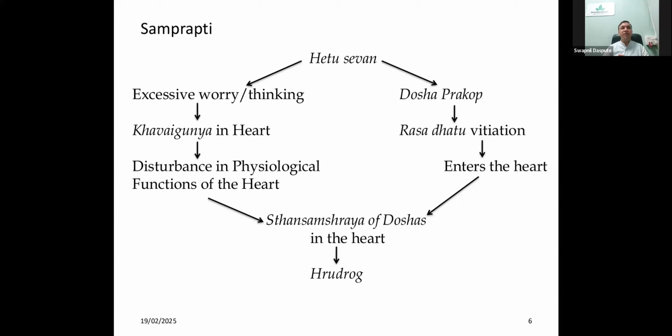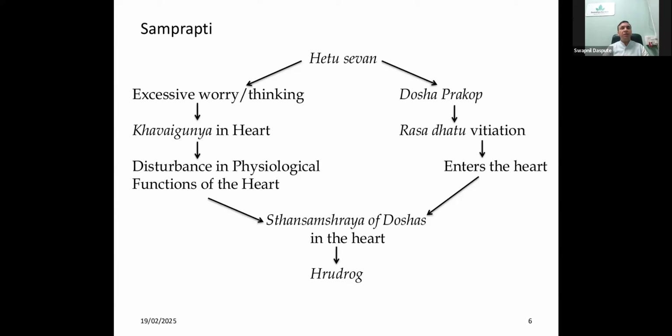So excessive worrying, thinking regularly, intensely will create Vaigunya in the heart, and the aggravated doshas will go and take sthana samshraya, ashray at the heart region, and can cause abnormality in the functioning of the heart, which will lead to Hridroga.